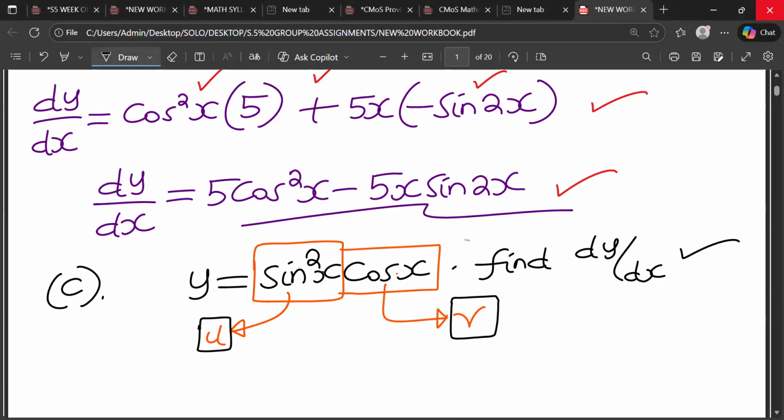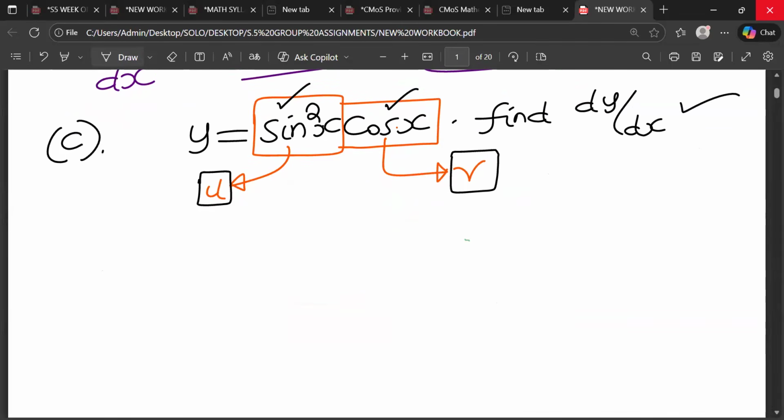But that will be done in revision. What we need now: can you differentiate u perfectly? Can you differentiate v perfectly? Do you know how to substitute in product rule? Can you simplify a bit? That is all.